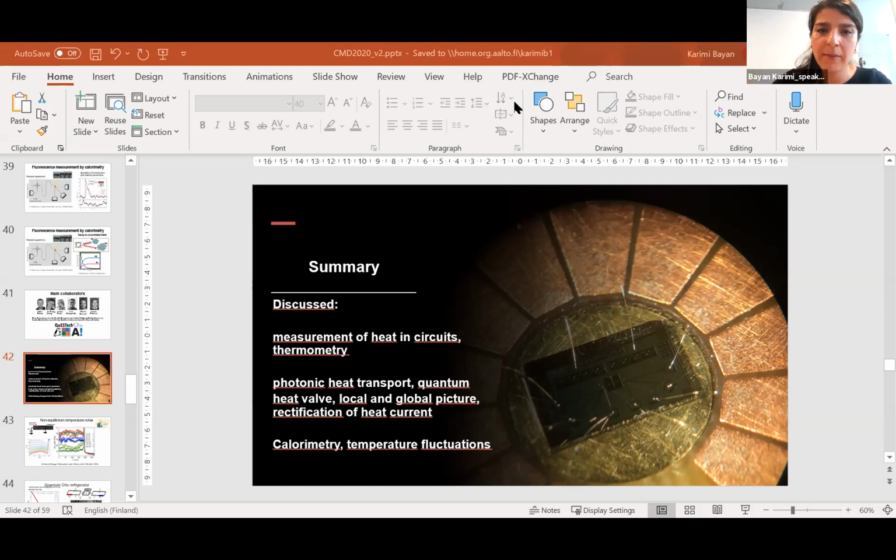All these experiments that we saw are about this 1 Kelvin quanta energy for a 20 gigahertz photon. Based on these numbers, it's possible to see them in our quantum detector, and our signal to noise ratio is about 10 here. Good, thank you.